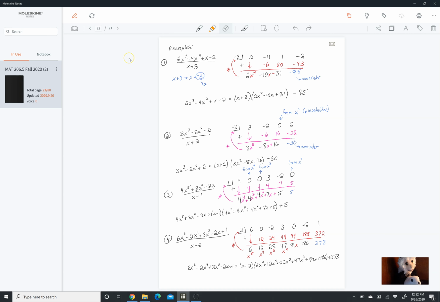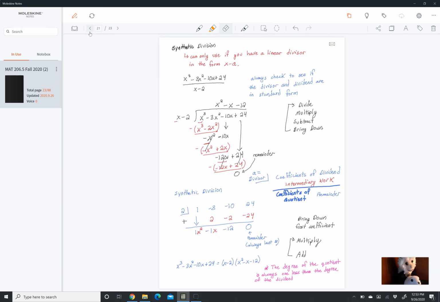Before we do that, the factor theorem says that if you plug it in and you get 0, then this divisor is a factor. For example, in the one that we did at the very beginning, if we take x cubed minus 3x squared minus 10x plus 24, and we plug in 2 with the idea that we're dividing by x minus 2, you're going to see that we get 0.